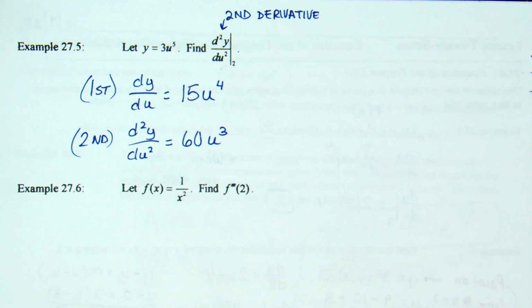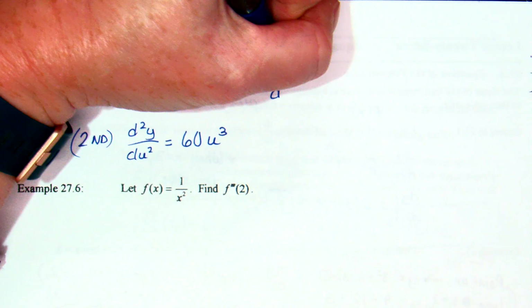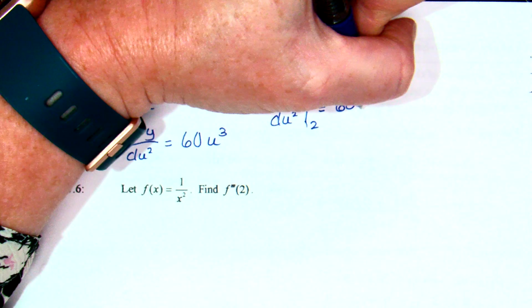60u to the third. Because 4 times 15 is 60, subtract 1. And what did they ask me to find? When u equals 2. So out of habit, x equals. So we're finding d squared y over du squared evaluated at 2.